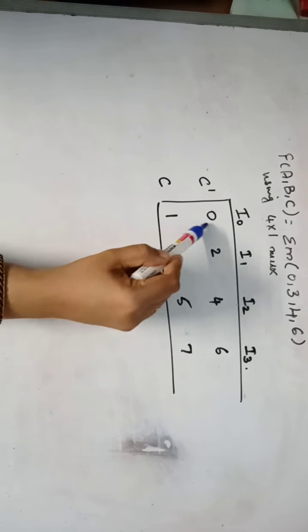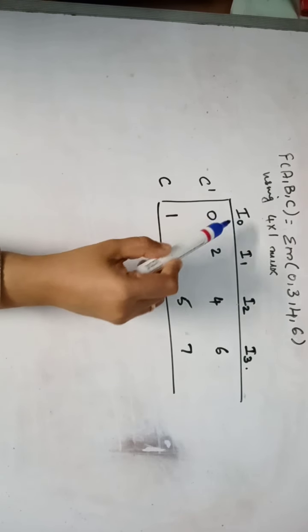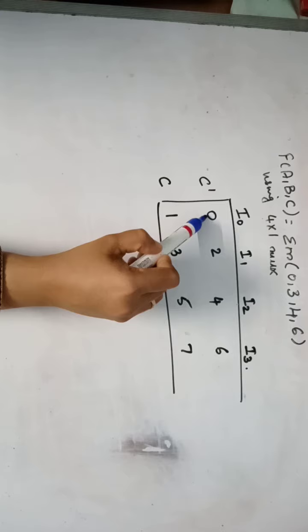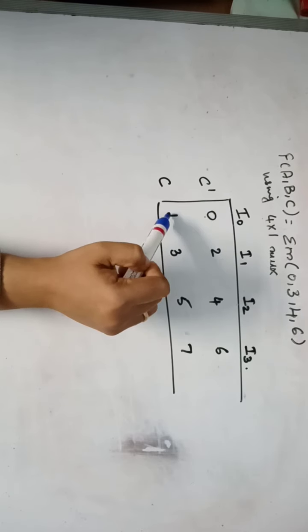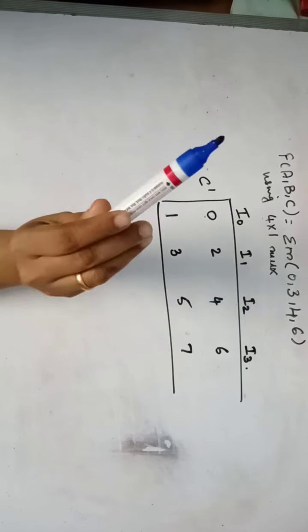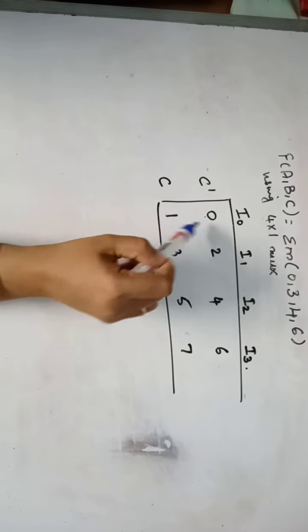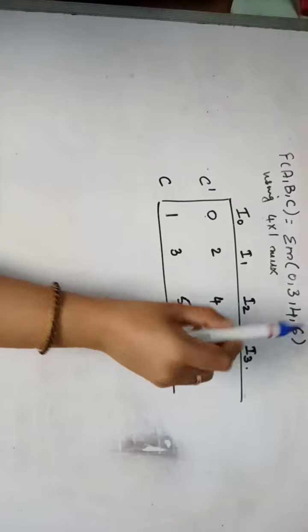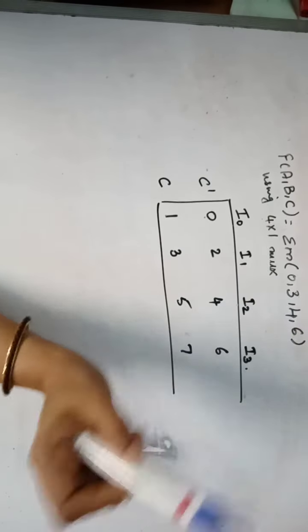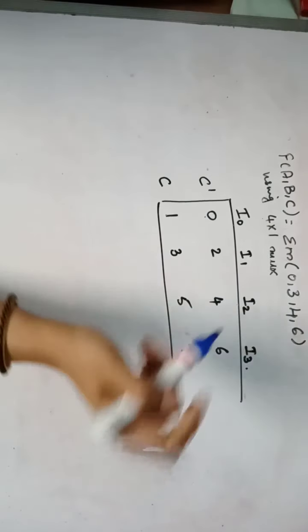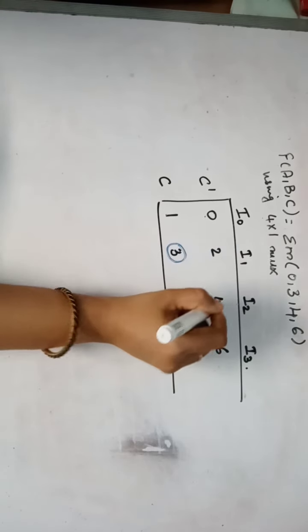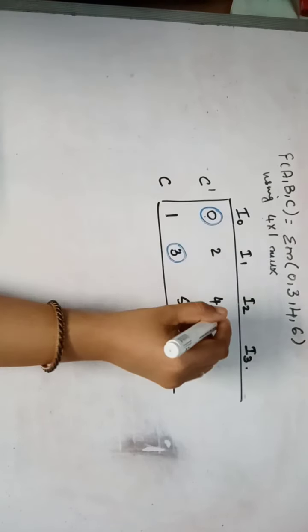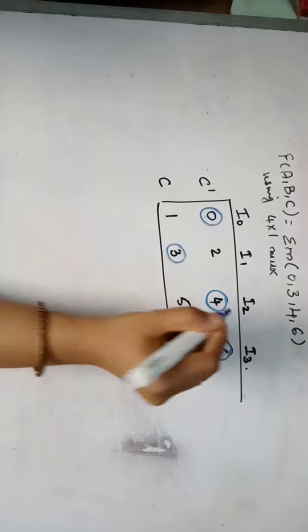So for that, 0, 0, 0 and 0, 0, 1. So A, B, 0, 0. That's how we do it. Now what we do is, this is my question, 0, 3, 4, 6. So these numbers I will just circle, 0, 3, 4, 6.